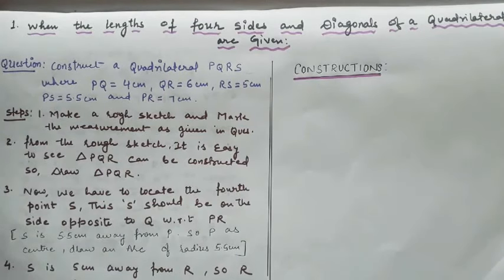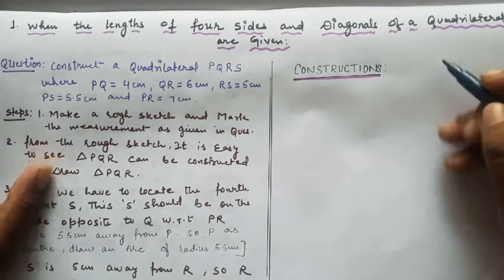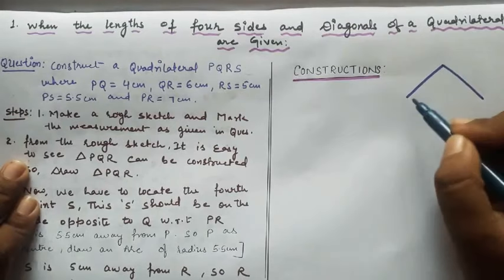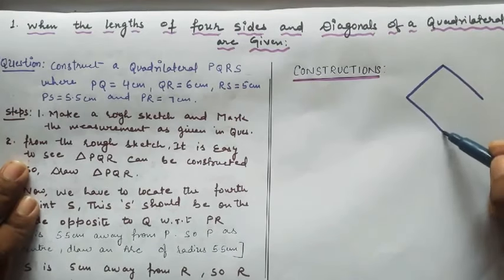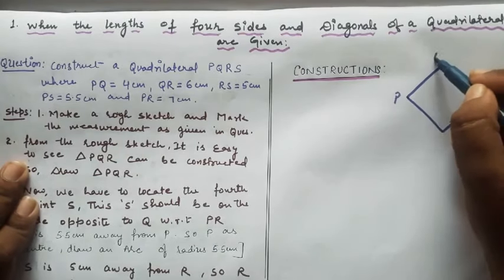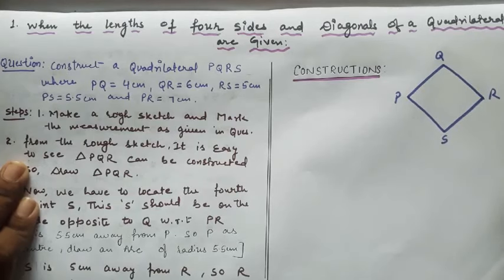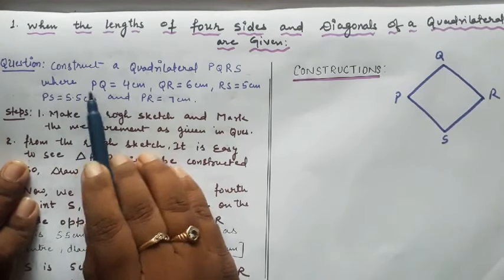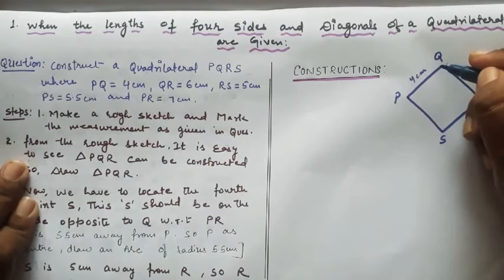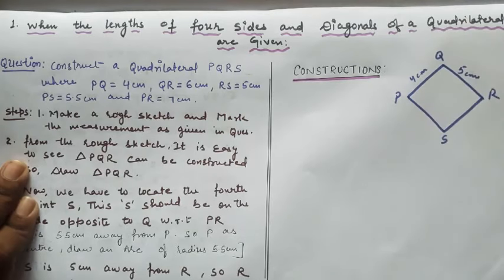See here, you just make a rough sketch of a quadrilateral. You just name it PQRS, for your reference. What is given to us? PQ is 4 centimeter, mark it 4 centimeter. Next, QR is 5 centimeter, write it 5 centimeter.